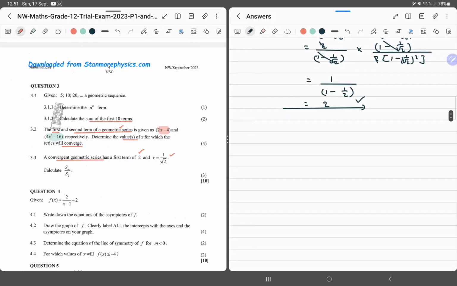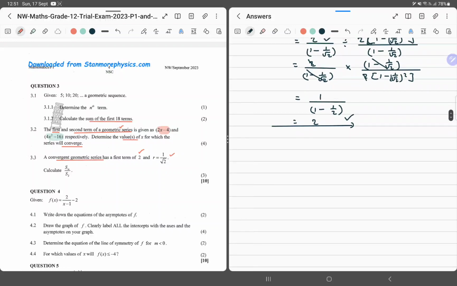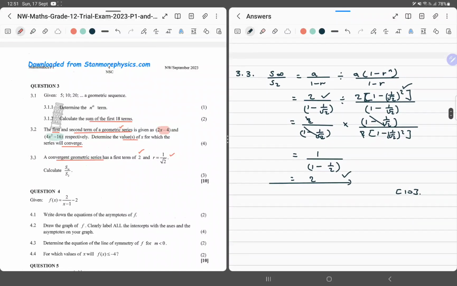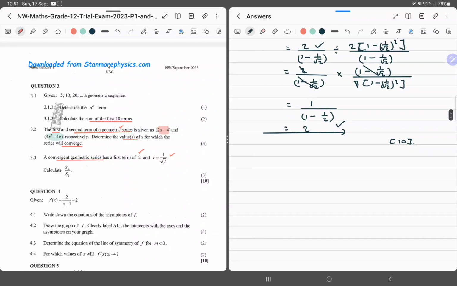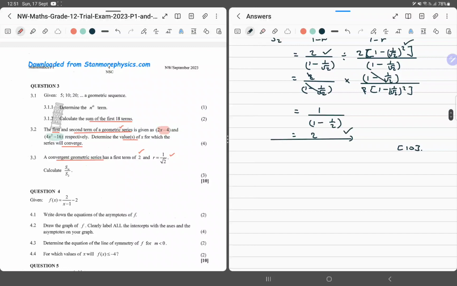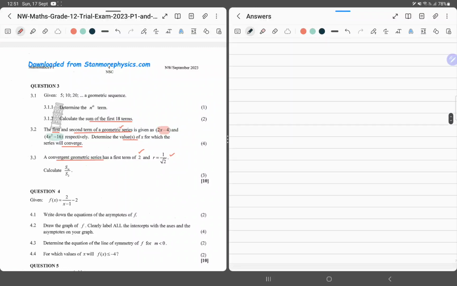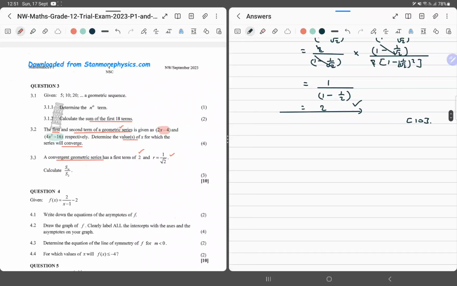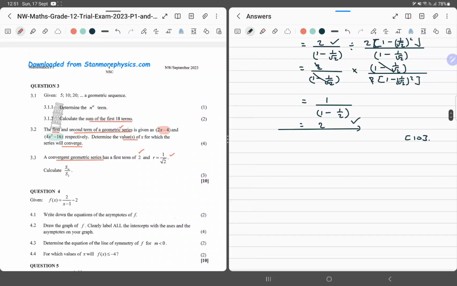The rest is your own endeavor. You're walking away with a cheap 10 marks. Here they were just very friendly. As you can see, most of the time, questions on the geometric sequence or series are very easy and pretty straightforward. But be careful. Situations do occur that demand a little bit more attention from you.